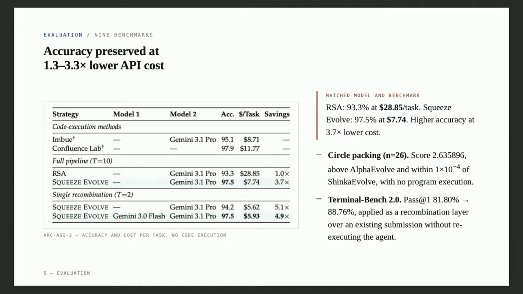But in the scenario where we use a cheap model in the mix, which is Gemini 3.0 Flash, we're able to retain the same accuracy with only 2 evolution steps, while achieving cost savings. The dollar per task is around $5.9.